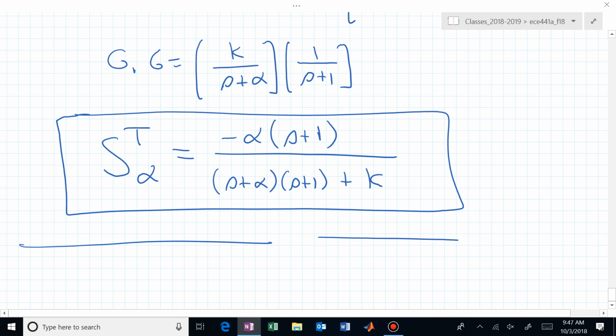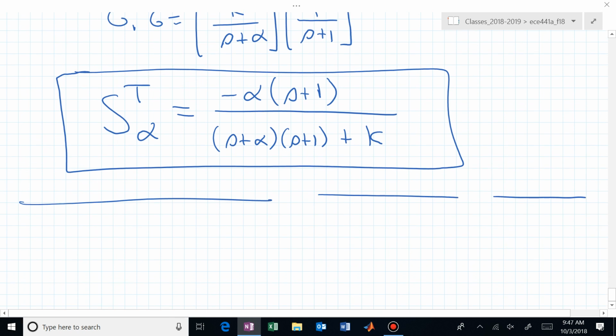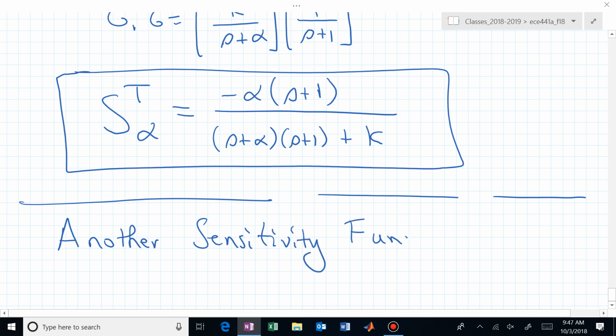We'll do that in just a minute, but I want to provide you with one more way of doing this, another way to check your work by means of another sensitivity function or expression.